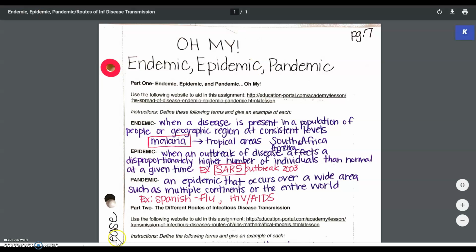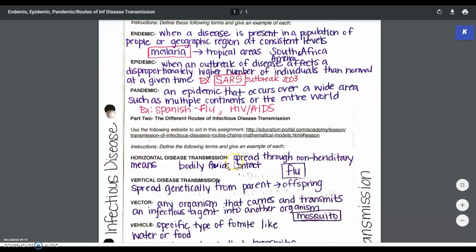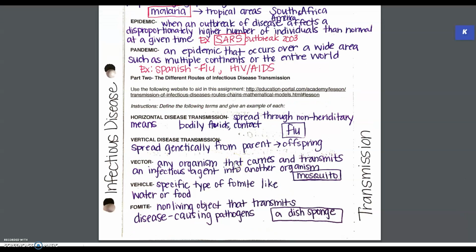All right. The second part of this is about how disease transmits. So you basically have two types of disease transmission. You have horizontal and vertical. Horizontal means that it's spread through non-hereditary means.